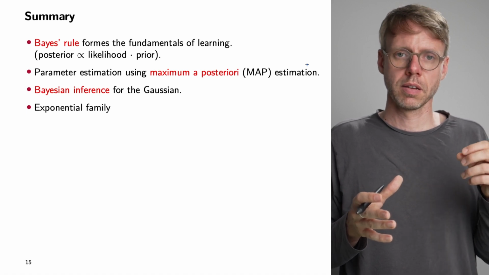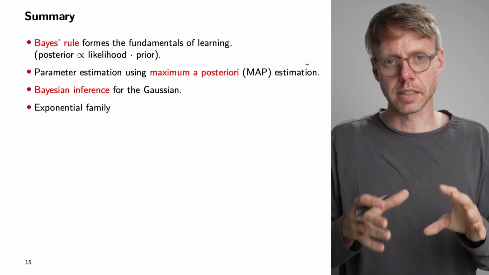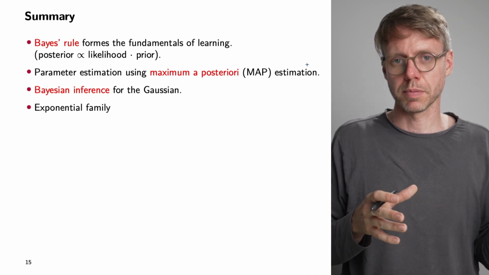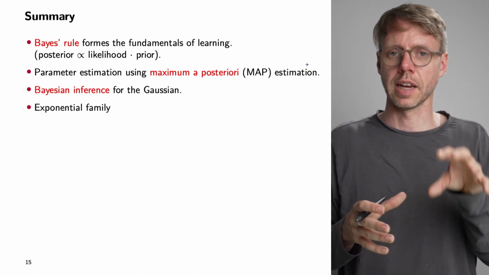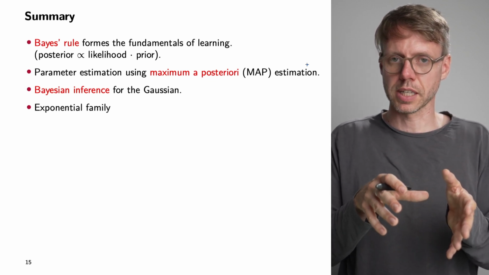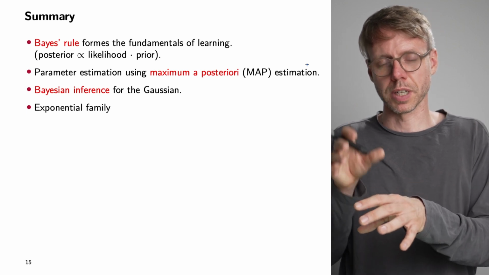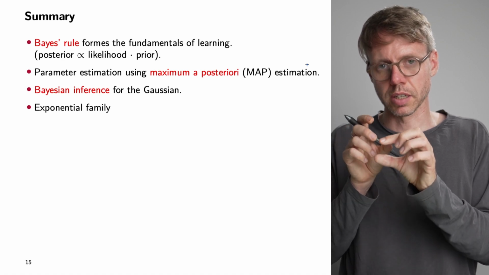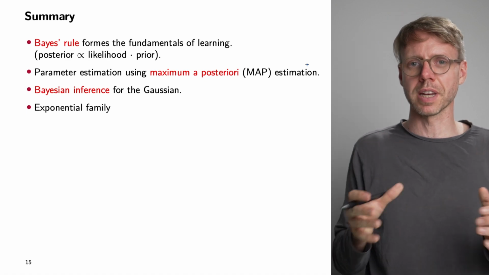This posterior distribution can be obtained using Bayes' rule, which tells us that the posterior is proportional to the product of the likelihood, the distribution of the data that is parameterized by the parameter of interest, times a prior distribution over this parameter of interest. So the prior distribution is a distribution over the parameter. We're essentially treating the parameter as a random variable.